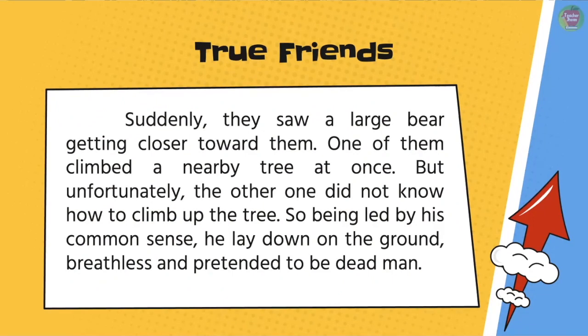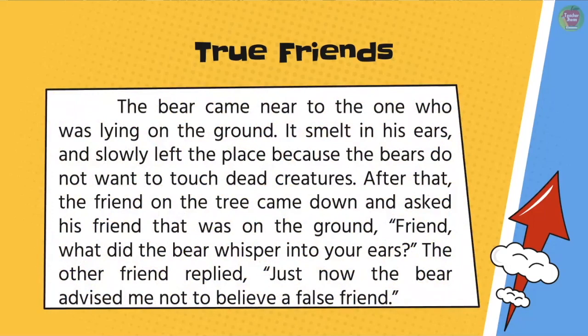One of them climbed a near tree at once, but unfortunately, the other one didn't know how to climb up the tree. So being led by his common sense, he lay down on the ground, breathless, and pretended to be a dead man. The bear came near to the one who was lying on the ground.